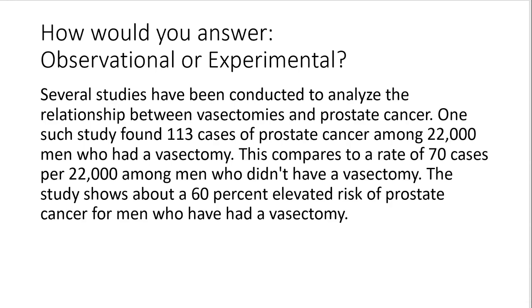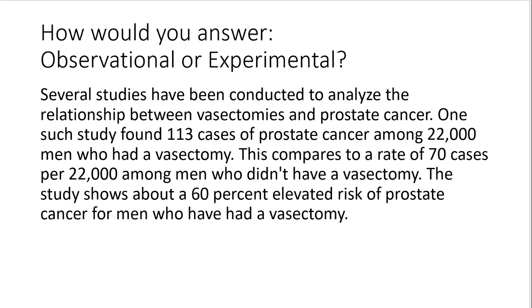The answer is this is an example of an observational study because the scientists did not do anything to produce data. They simply observed people who did vasectomy versus people who did not have vasectomy.